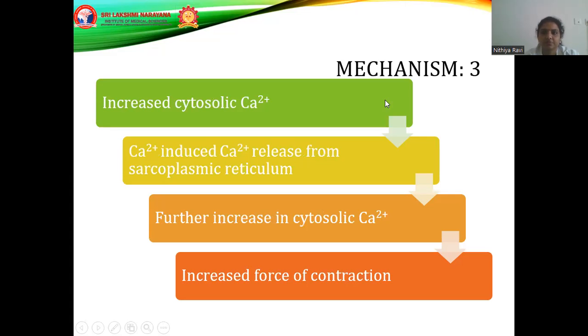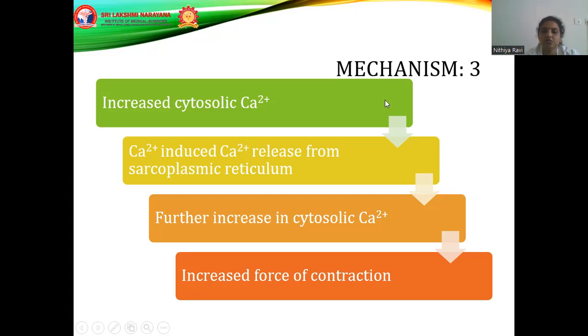And the third mechanism is based on the increased cytosolic calcium levels. This not only stops with the calcium which is entering from outside to inside the cell, but it also causes an increase in the release of calcium ions from the sarcoplasmic reticulum. So this further adds on to the concentration of calcium inside the cytosol.